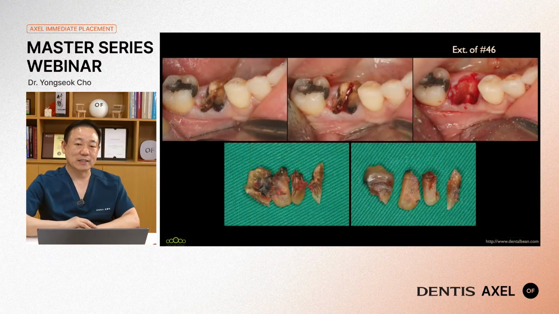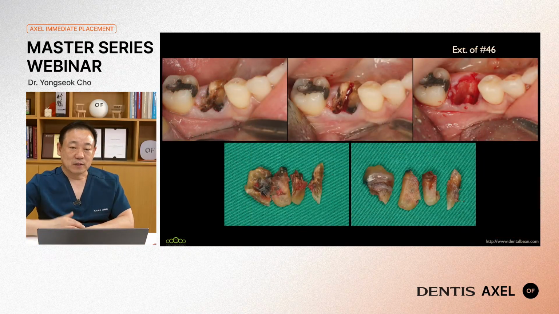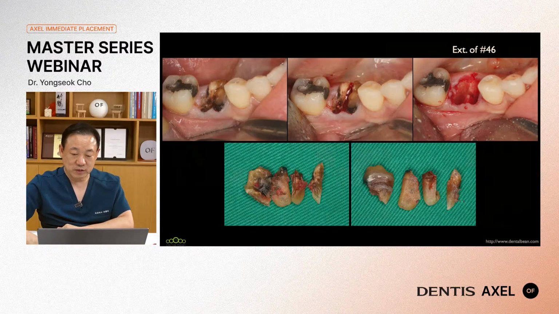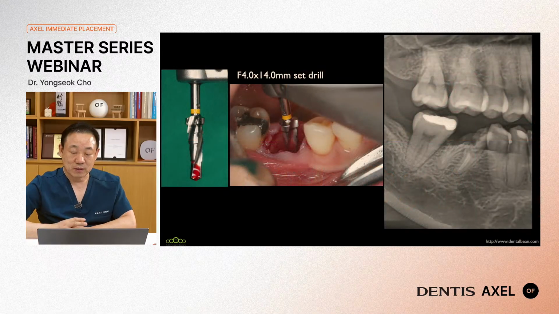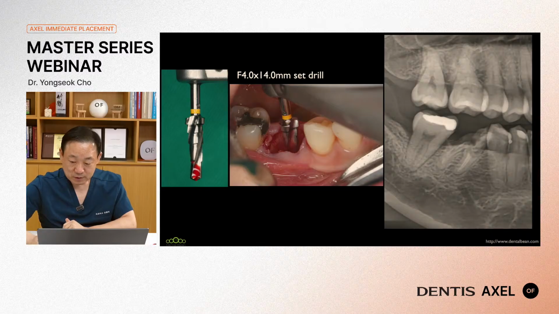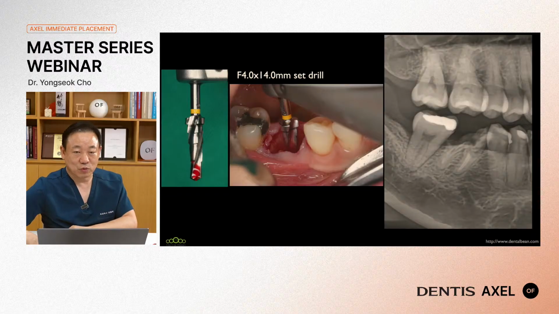On the right side, I sectioned the first molar and extracted it. After extraction, I prepped the osteotomy carefully. In this case, I tried the transradicular osteotomy for extraction. I couldn't extract easily.